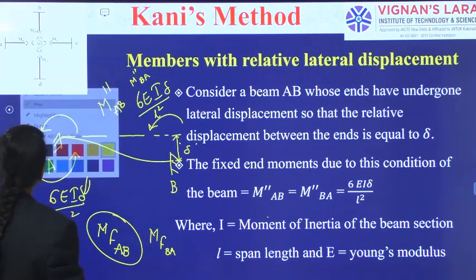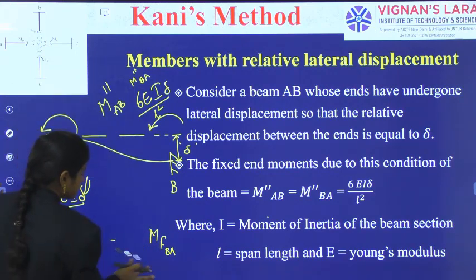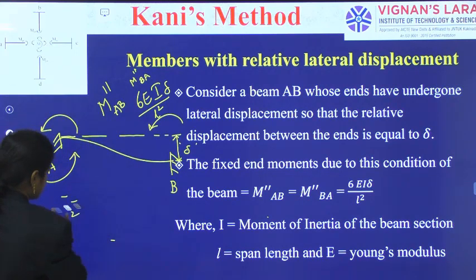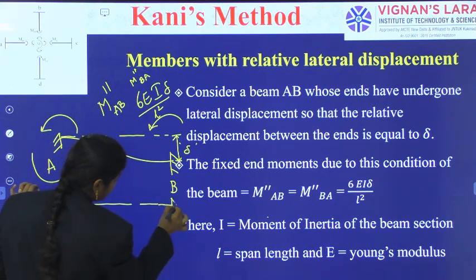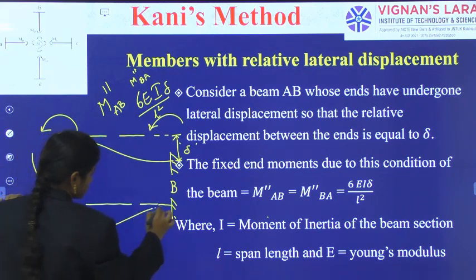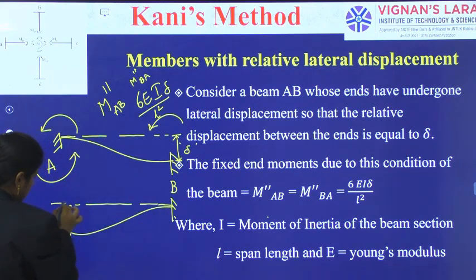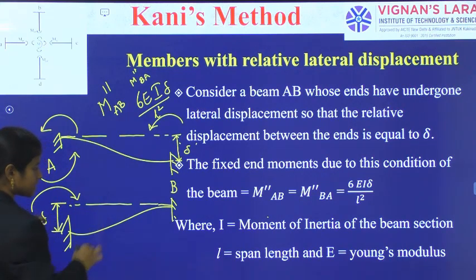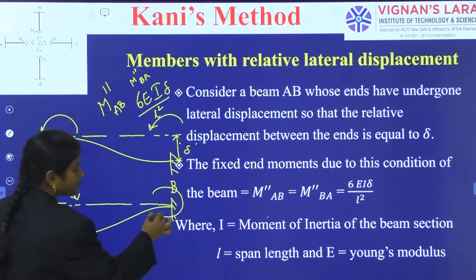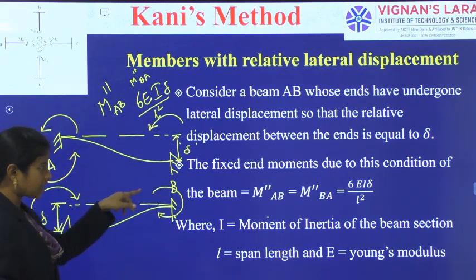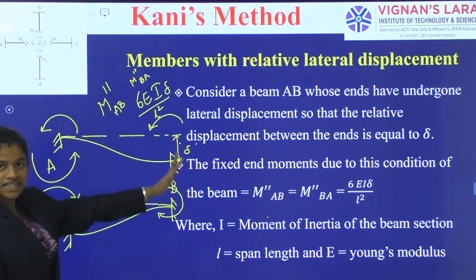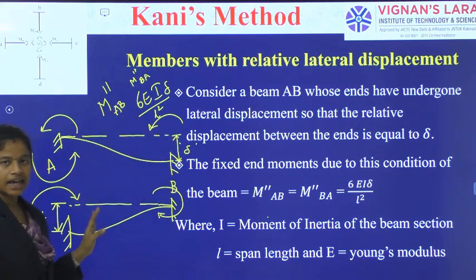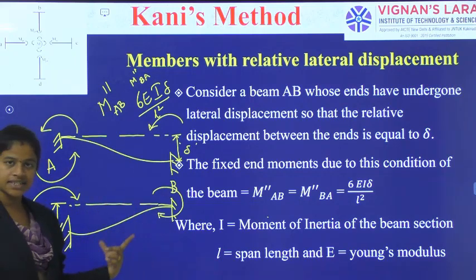Maybe if this is not the case here: if support A is sinking by delta, due to this condition this quantity will be generated and also this quantity will be generated. So when the sinking was on the right side, the quantities will be the same, 6EI delta by L square for both supports.